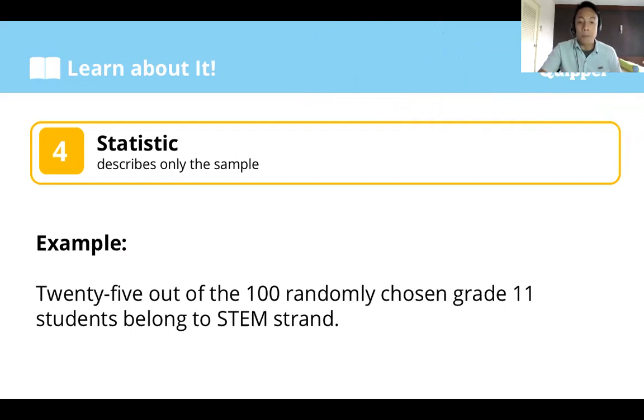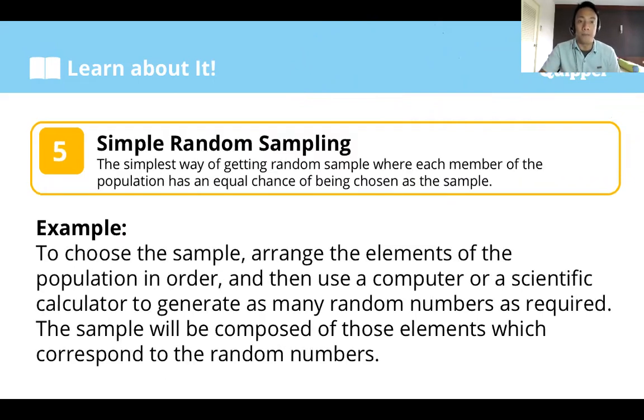Statistic and parameter. Now, these are the different ways on how to find the samples in a population. Ito na yung mga pwede mong gawin para makuha mo yung sample if you have a lot of populations.